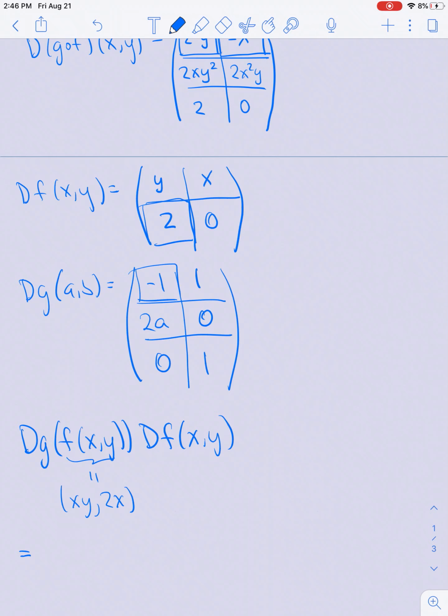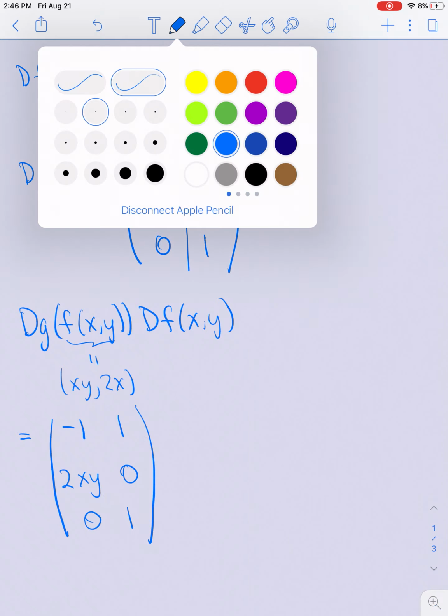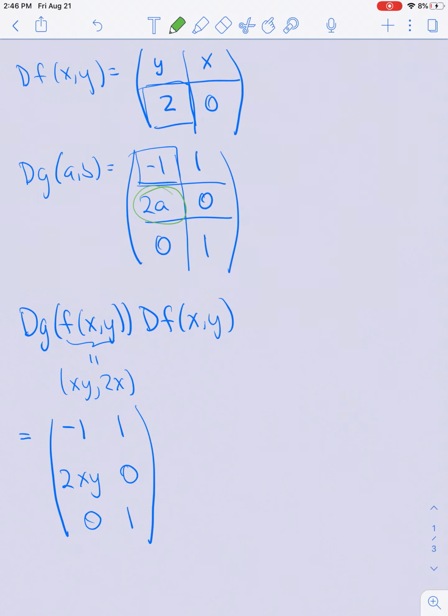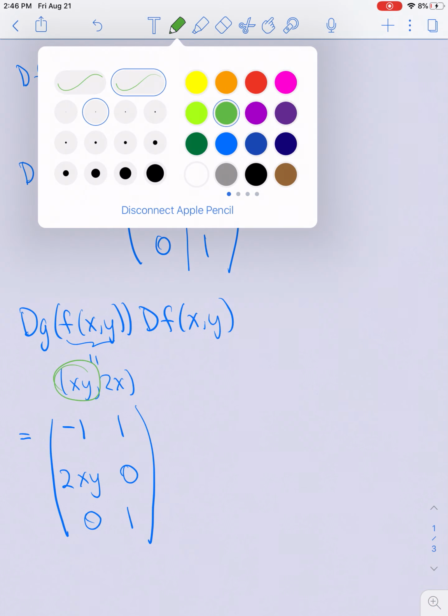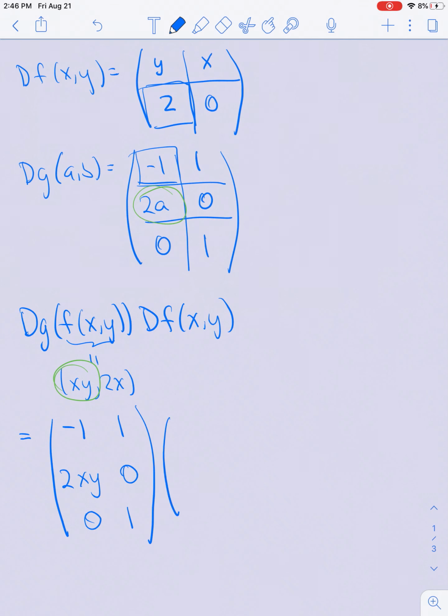So what this is going to be is -1, 1, 2xy, 0, 0, 1, because instead of a here, I need to plug in xy. And then for df, I have y, x, 2, 0. And now let's matrix multiply.